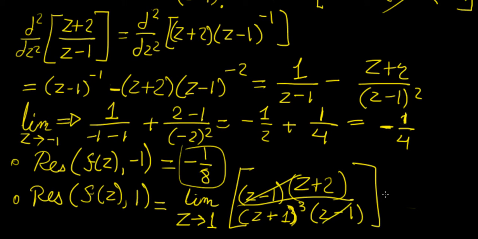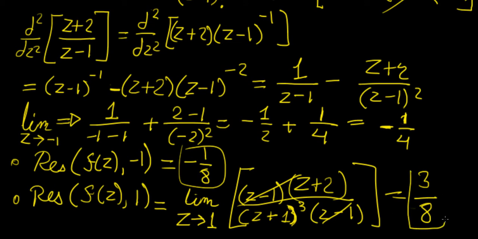And these two terms cancel out, so in the end, as z approaches 1, that's going to be 1 plus 2, that's 3. And then here we're going to have 2 to the power of 3, that's 8, so that's 3 on 8. And that's going to be our second residue.